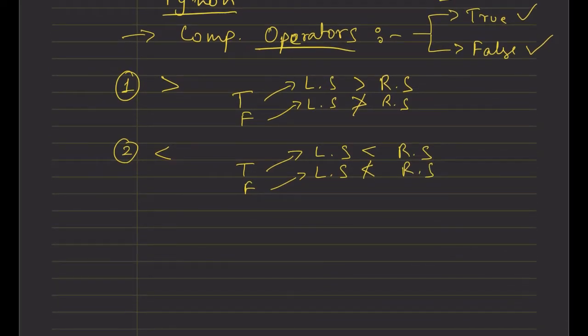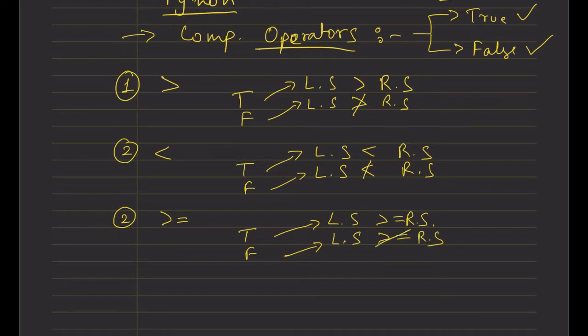The next operator is called the greater than or equal to operator. It returns true depending on two conditions: whether the left side operand is greater than or equal to the right side operand, and it returns false if the left side operand is not greater than and also not equal to the right side operand.